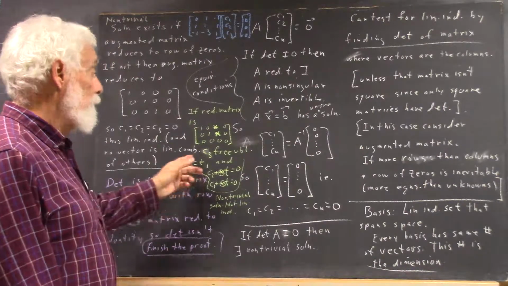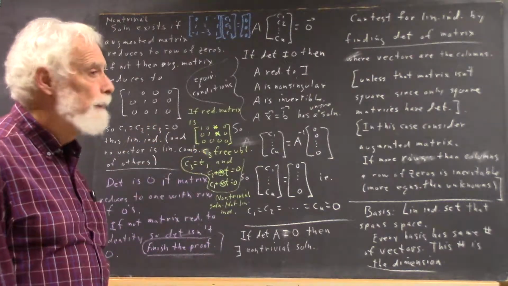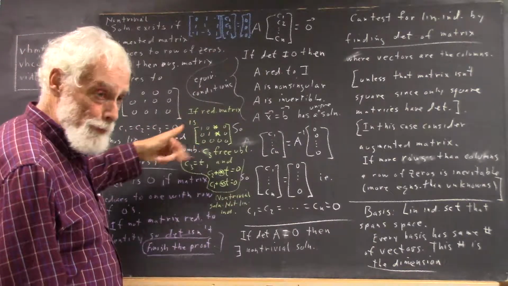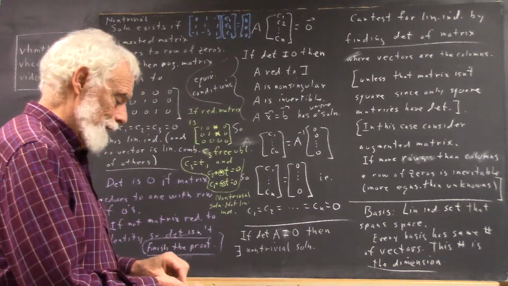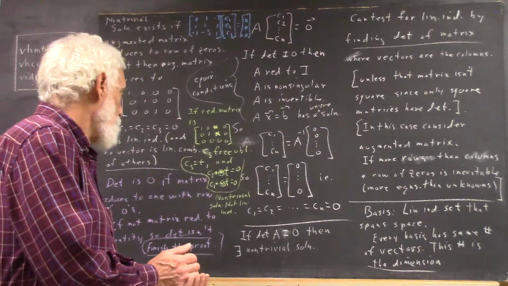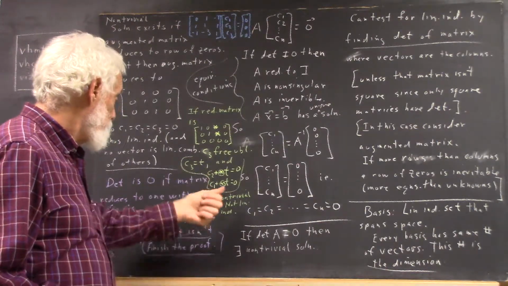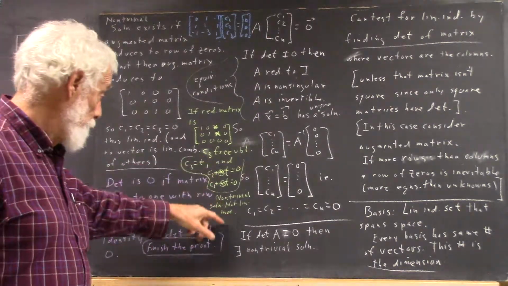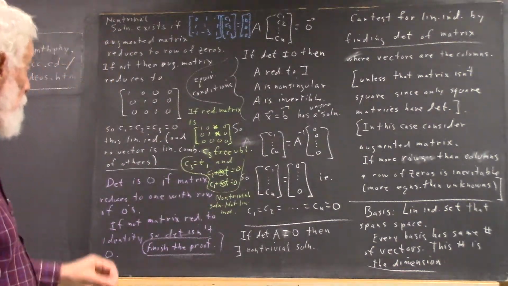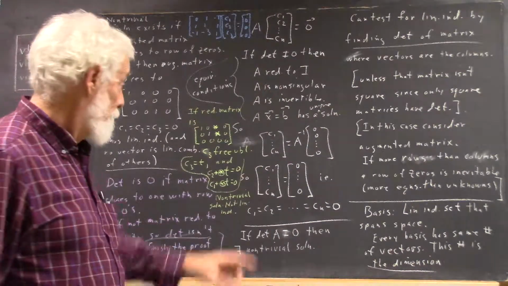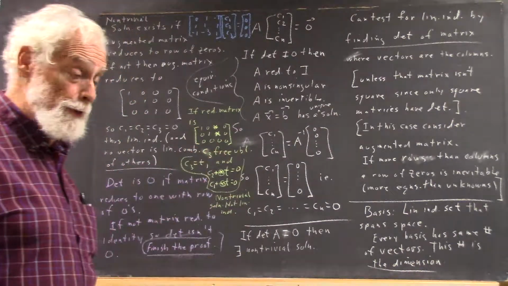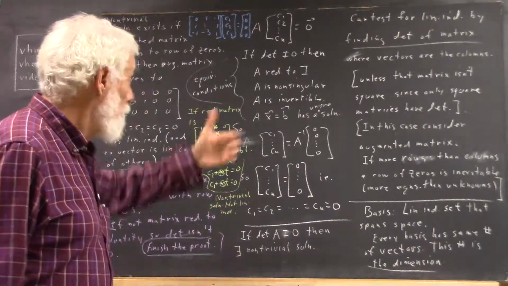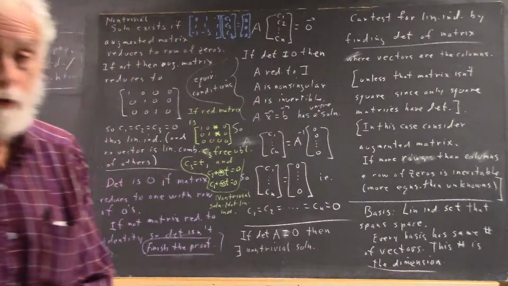And when I said this gives you a line, I was wrong about that too. This would give you a plane in this situation. That's something I know perfectly well, but I misstated it. The point is that you don't get linear independence. If it reduces to this, it's not linearly independent. If you have one or more rows of zeros, the columns of your original matrix are not linearly independent.